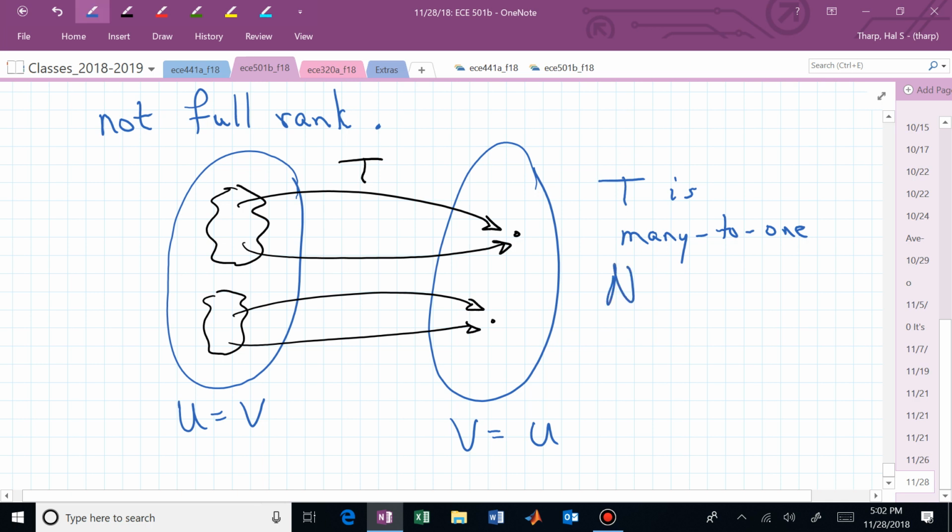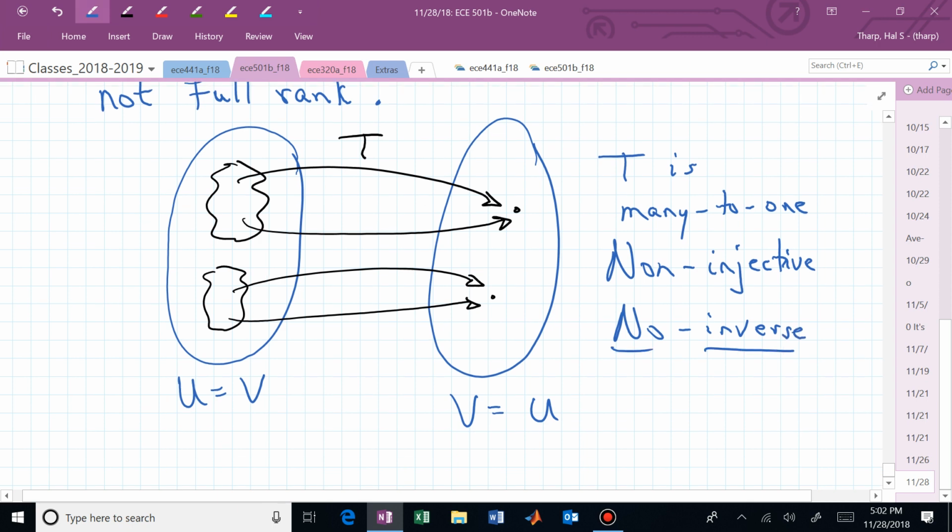Or that means that we have a non-injective map, a non-trivial null space, which says then that we have no inverse and it's not surjective. It's non-surjective.